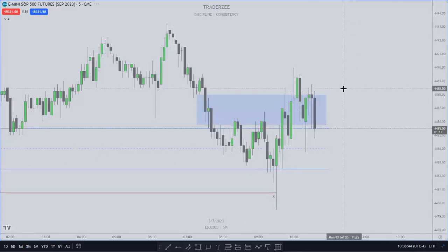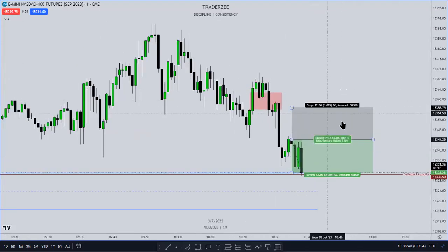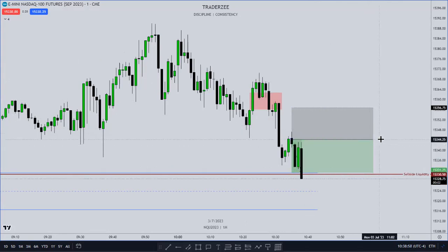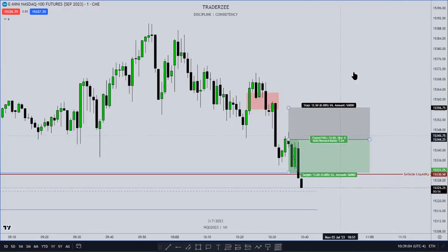And again, if we would have taken this, we would have gotten 5 handles worth of money in ES. Basically, 5 handles in ES is 12.5 handles in NASDAQ. So this is it.